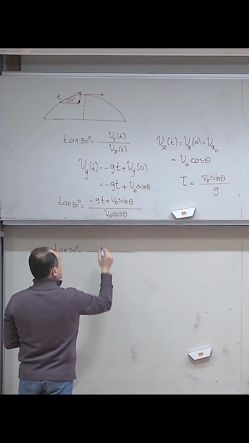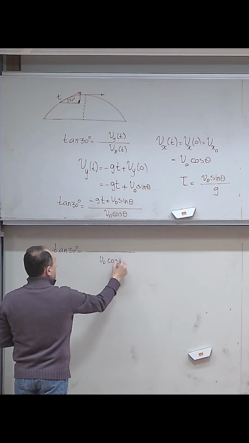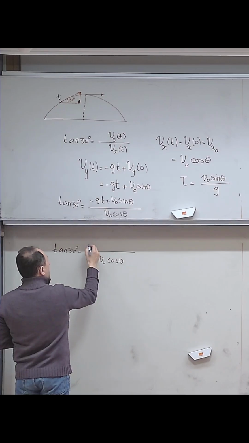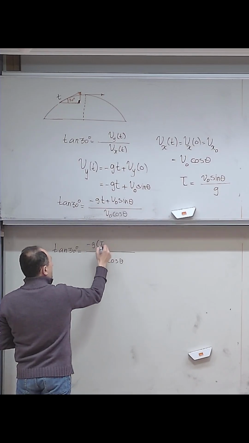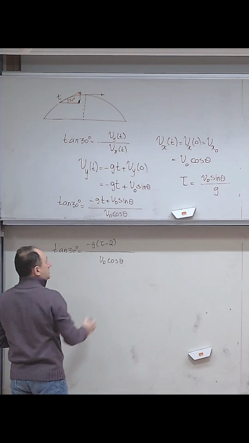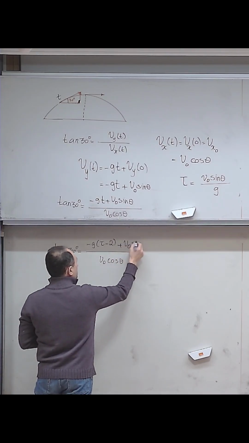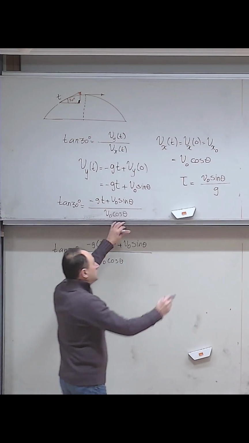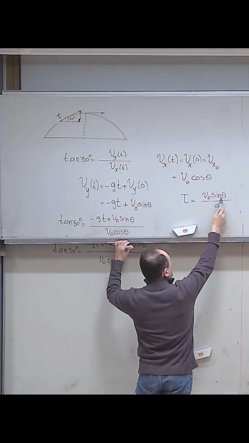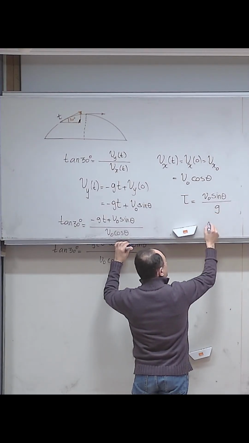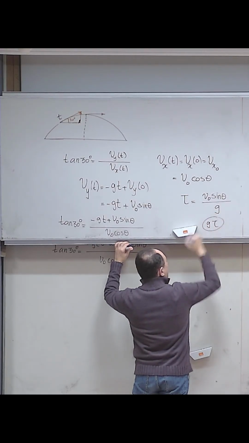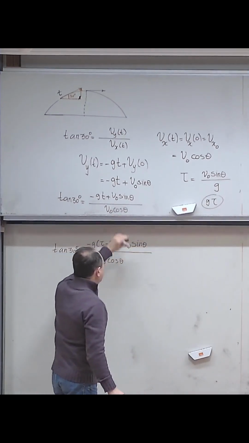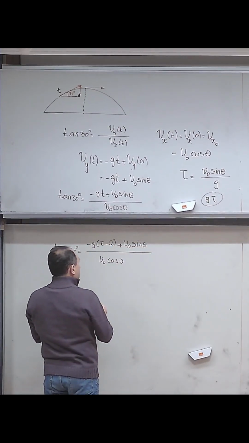I copy and paste the denominator, but in the numerator I write minus g tau minus 2 seconds, and then copy and paste the rest. But look here, if I ask you what is v naught sine theta, you can immediately tell me that this is g tau. So here I put g tau instead.